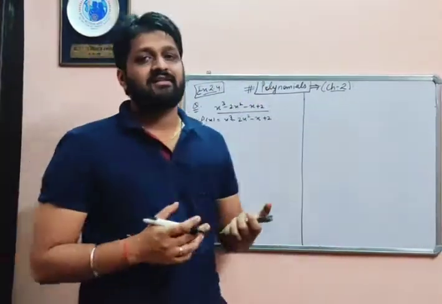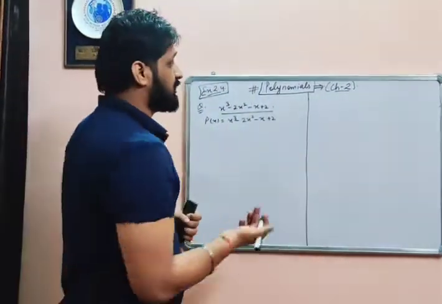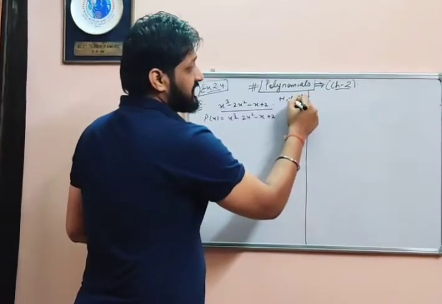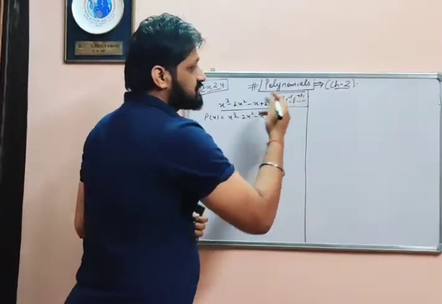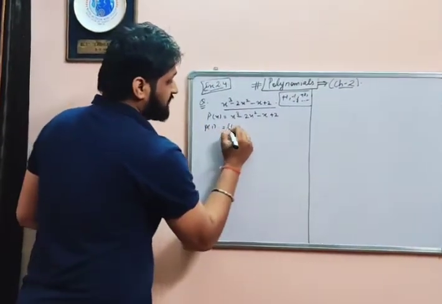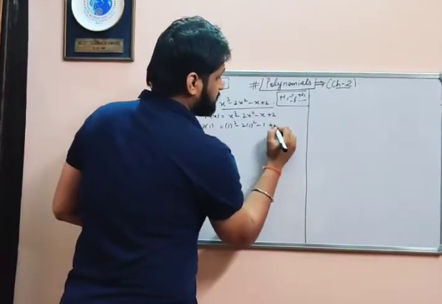Now hit and trial method means we have to assume various values of x, and we will start with plus 1, then minus 1, then plus 2, then minus 2, and so on. So first of all, put x equal to 1. p of 1 is 1 cube minus 2 into 1 square minus 1 plus 2.